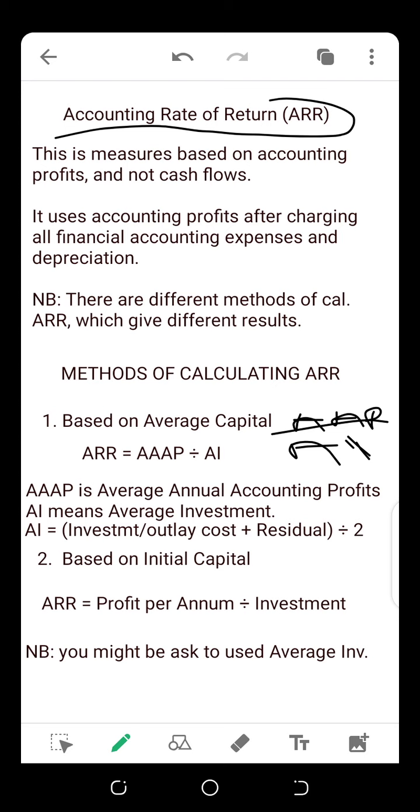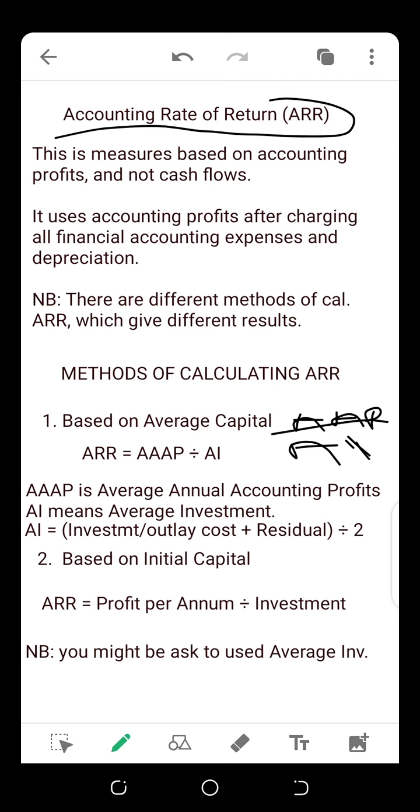If it's based on initial capital, it will just be profit for the year, which is profit for each year, because you have varieties of years, divided by the initial investment. Because at the average section, it is cost at the beginning plus cost at the end, which is the residual, divided by 2.